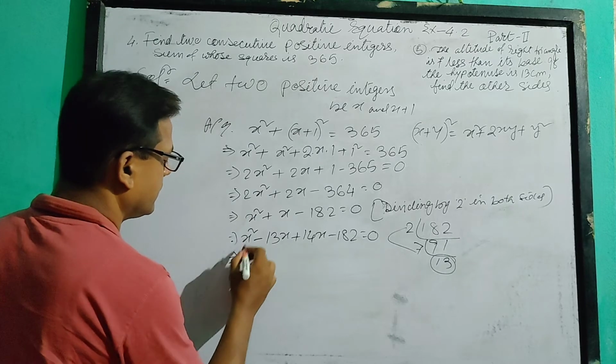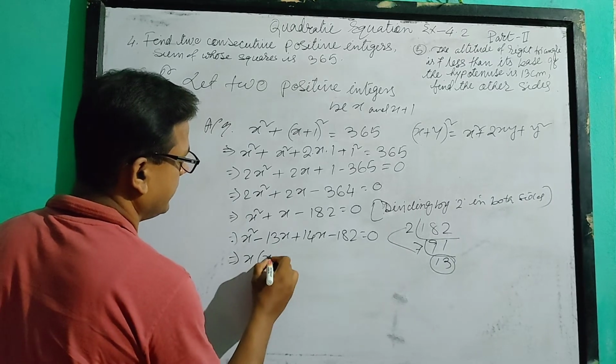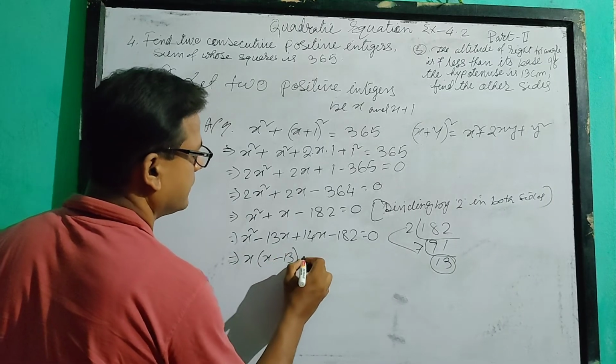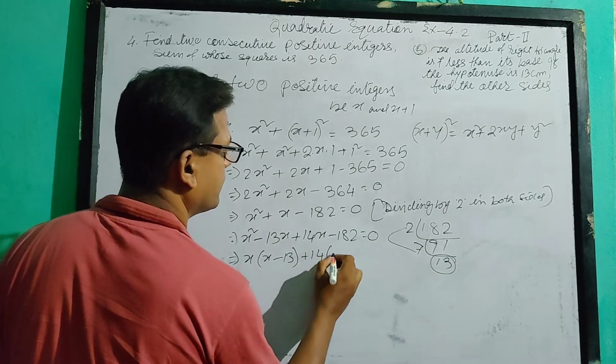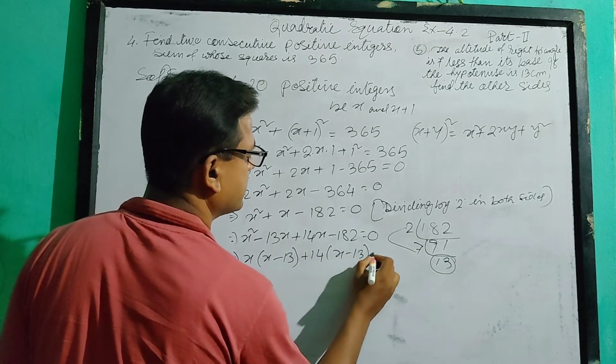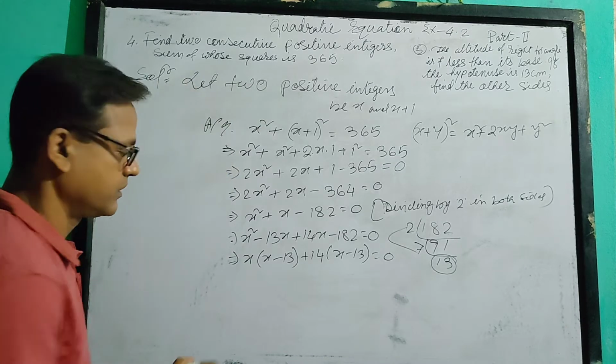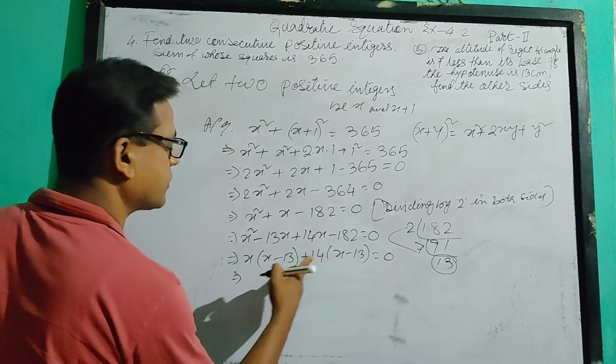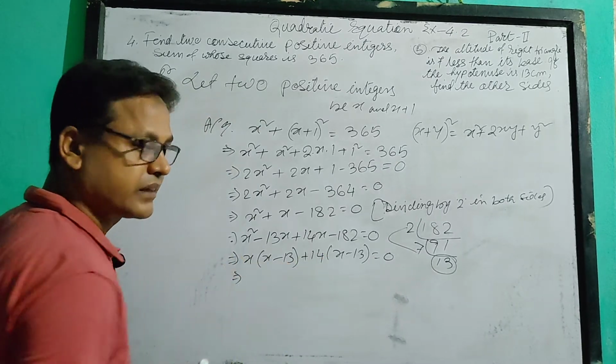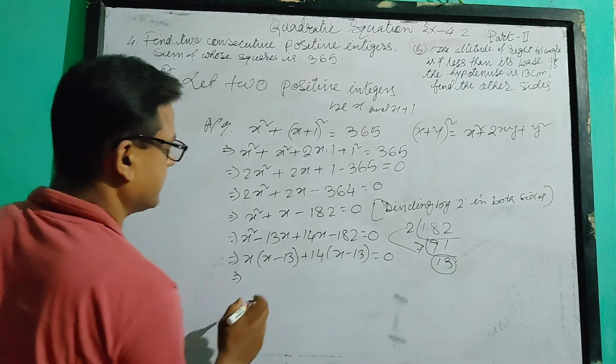So x common, then x minus 13; plus 14 common, then x minus 13 is equal to 0. Now what becomes common? x minus 13 and x minus 13.